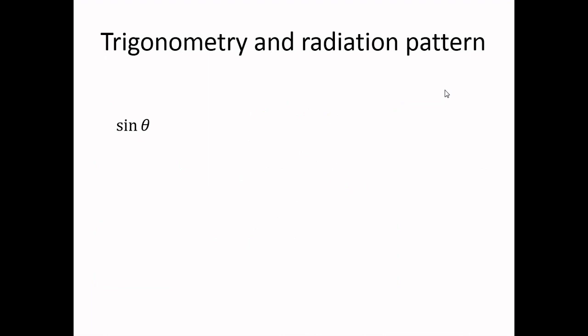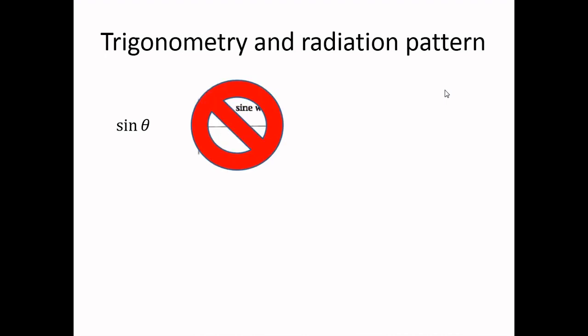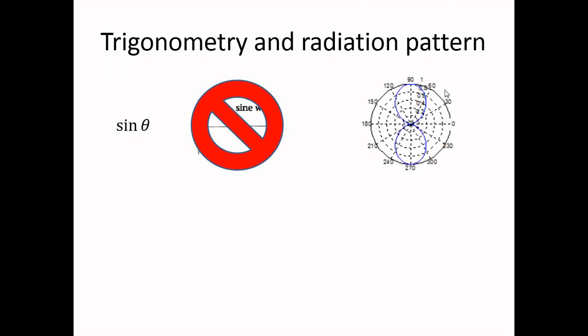We know the common trigonometrical function sine theta. If we plot it on a linear scale, we'll get a figure like this. But in antenna theory, while drawing radiation pattern, we don't use this graph. We use a polar plot to draw sine theta.